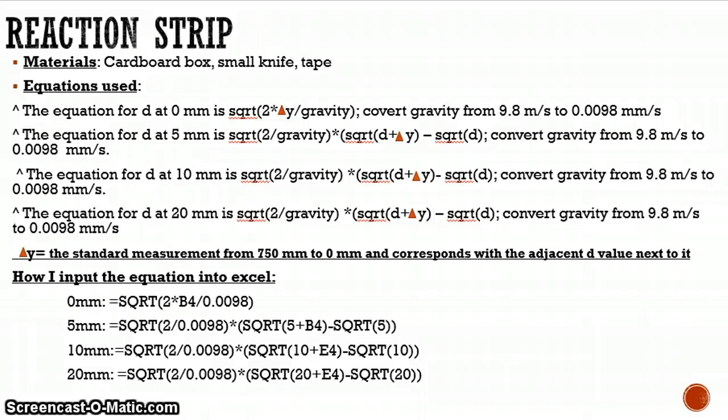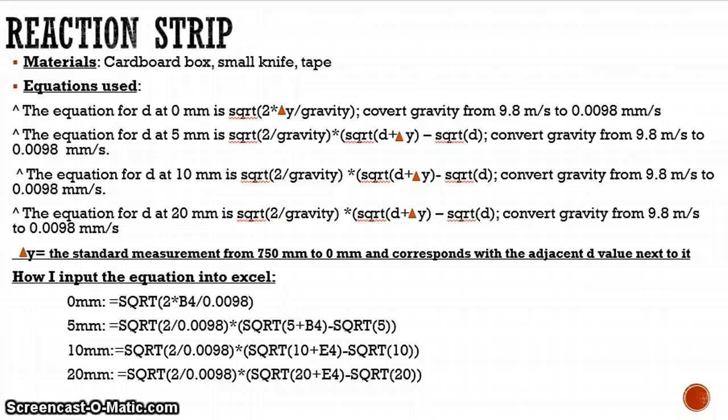For 10 millimeters I did equals the square root of 2 divided by 0.0098 close parentheses times the square root of open parentheses 10, in this case being 10 millimeters, plus E4, which in this case is the delta y, close parentheses minus the square root of 10, close parentheses, close parentheses.